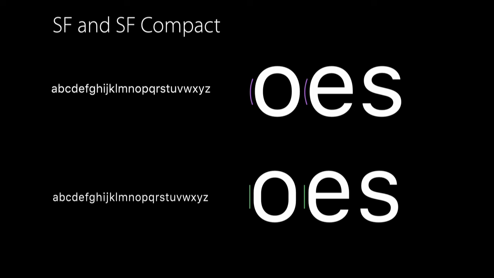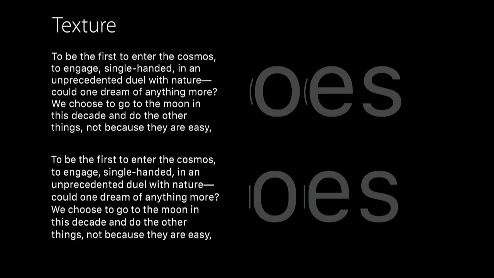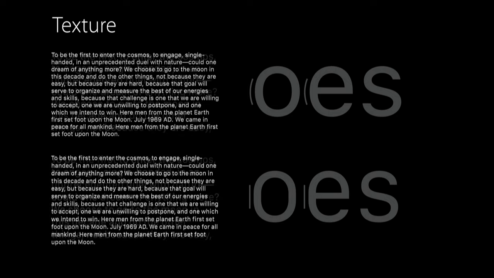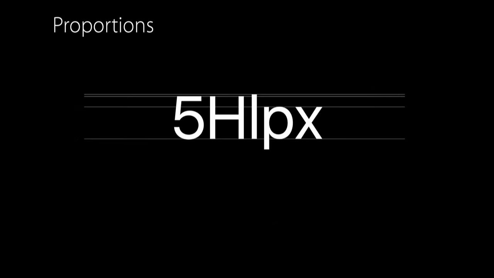The first is stylistic, but the second one, more importantly, is functional. So these flat sides allow us to have more space between the letters, which means they are more legible when they're smaller. And this seemingly inconsequential feature, repeated over and over and over again in text, really does make a big difference.